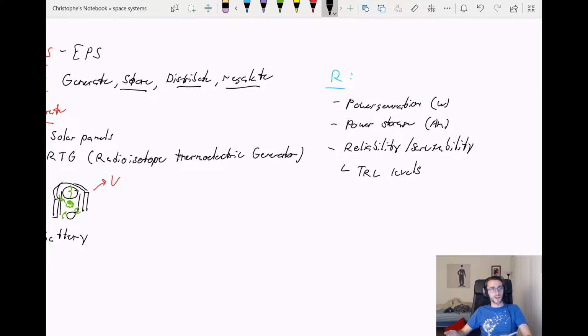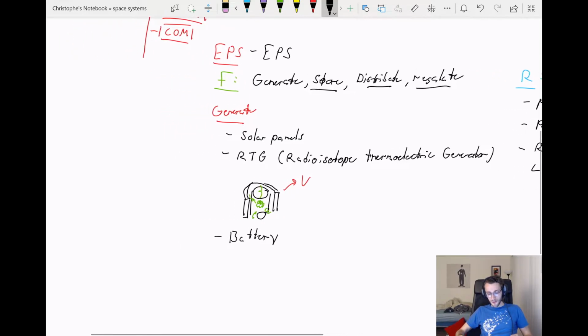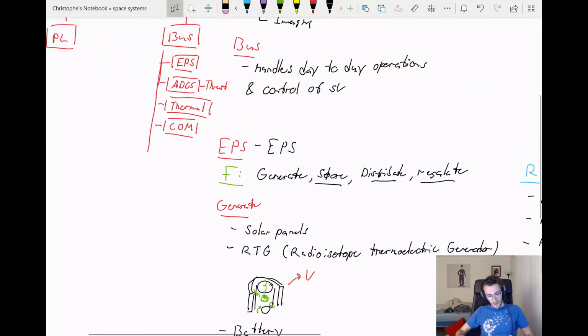So different TRL levels can go into how many missions, whether it's flown and successfully been operated in orbit, and it's basically a history or a legacy behind a certain component or electrical board or circuit. I'll post a link down below on TRL level specifications. If you want to go through that, you can look at what each of the TRL levels mean. So that's a general overview of EPS systems.